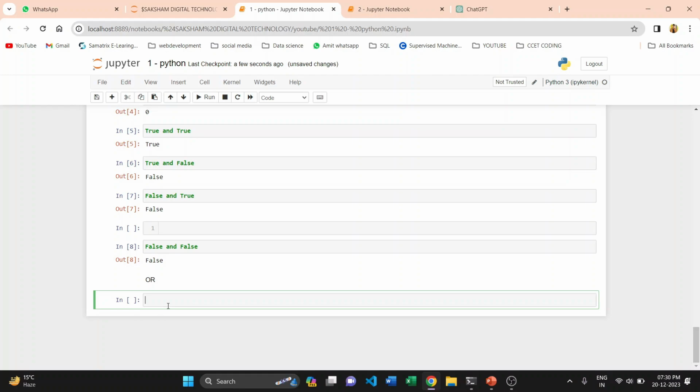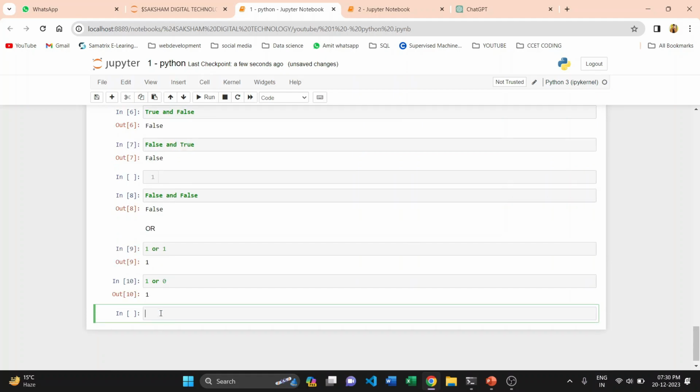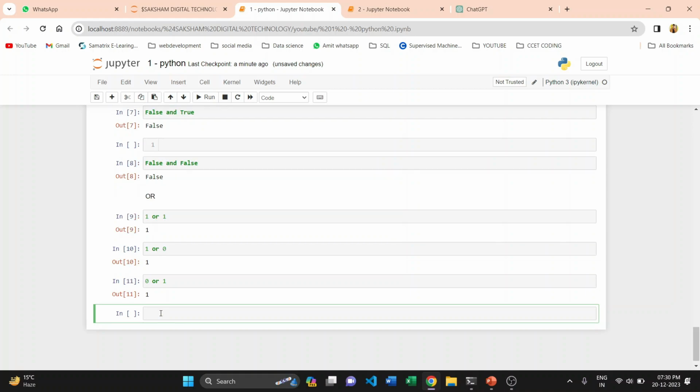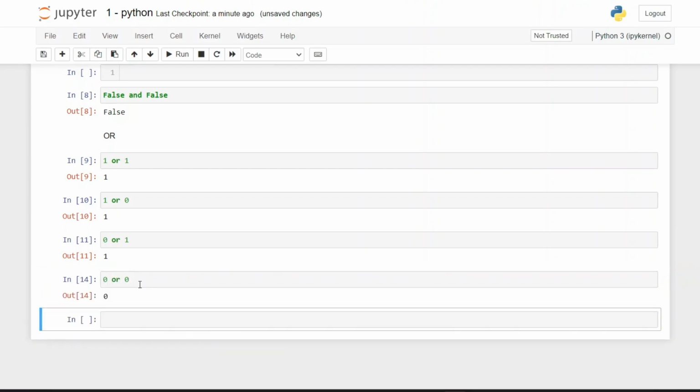First we check one or one, which gives you one, and one or zero gives you one. Also zero or one gives 1. If you pass 0 or 0, it gives you 0. This is the false condition.